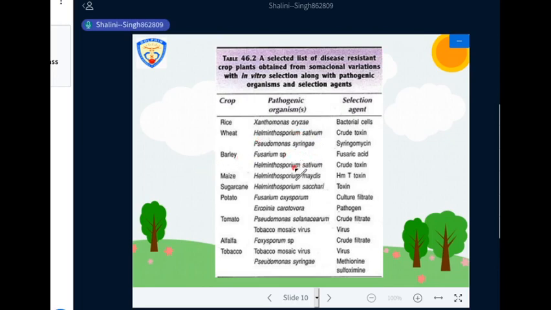In barley against Fusarium species, Helminthosporium sativum. In maize against Helminthosporium maydis. In sugarcane against Helminthosporium sacchari. In potato against Fusarium oxysporum and Erwinia carotovora. And in tomato against Pseudomonas solanacearum and tobacco mosaic virus, in alfalfa against F. oxysporum, and in tobacco against tobacco mosaic virus and Pseudomonas syringae.